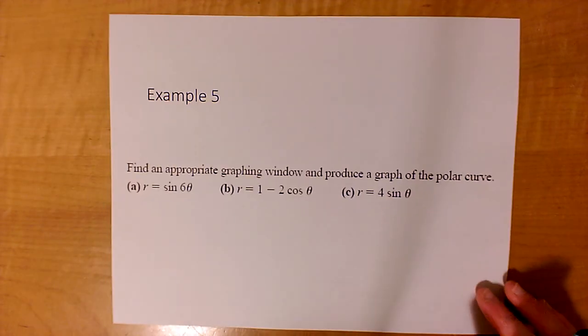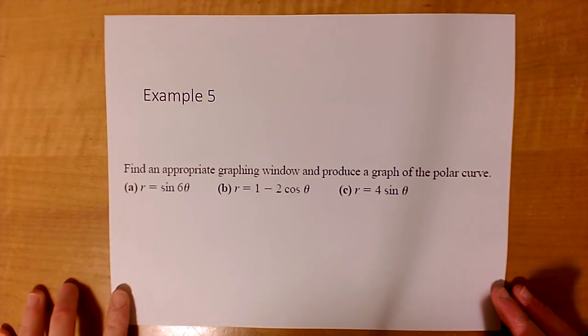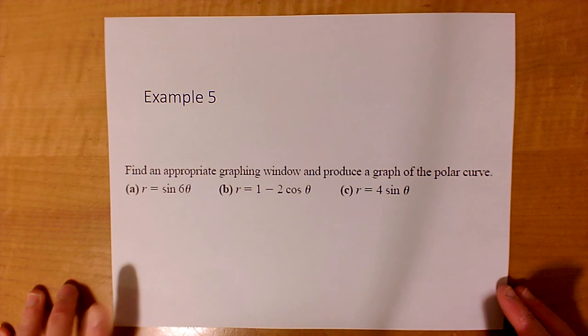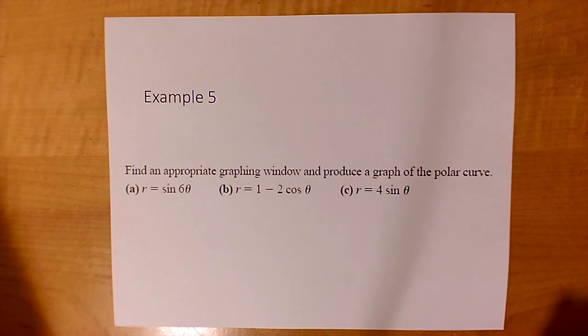So for example 5, you have to find an appropriate graphing window and produce a graph of the polar curve. Okay? I don't think you'll have problems like this on the AP exam, but it's a good skill to practice for graphing polar curves.